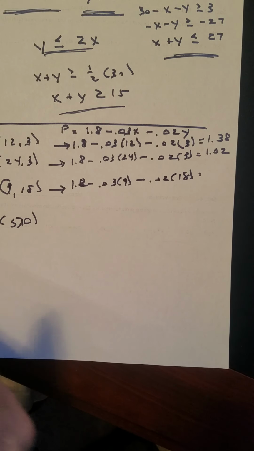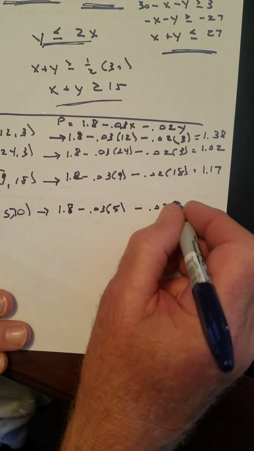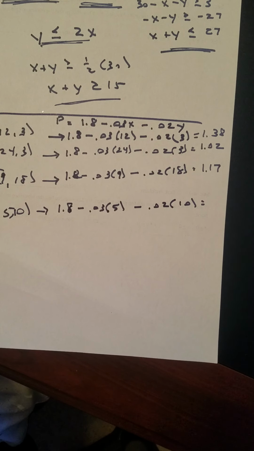And the last one, it's going to be 1.8. Can't write my 8s today. Minus 0.03 times 5 minus 0.02 times 10. And this came out 1.45.